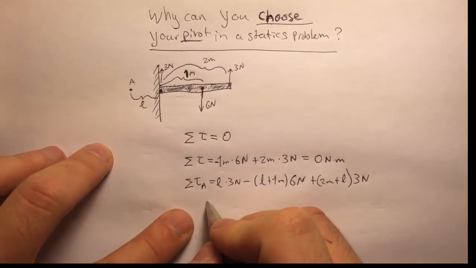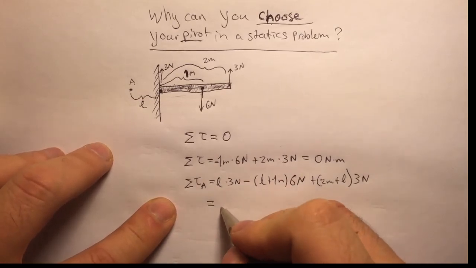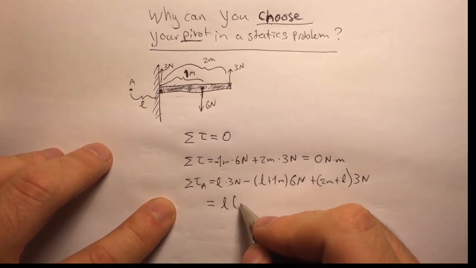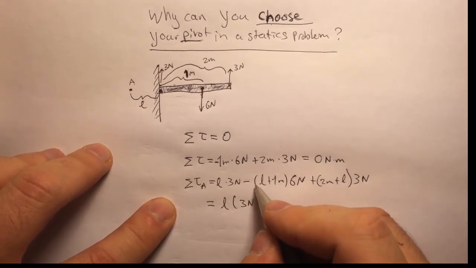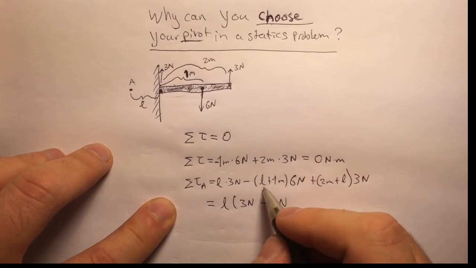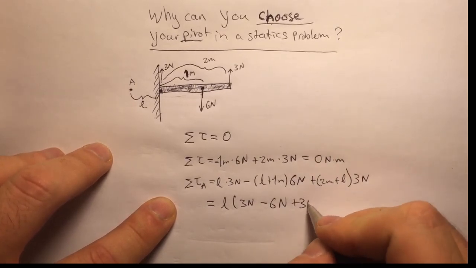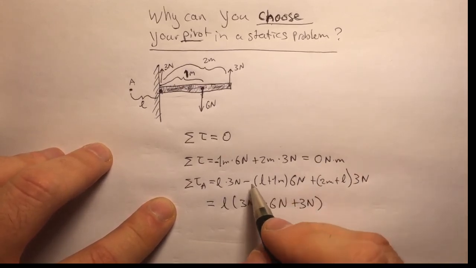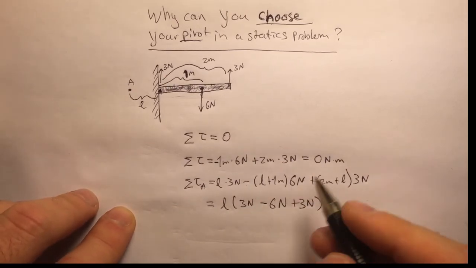And so what we can do now is write this as a term that has L times a bunch of things. Just break out each of these L terms and separate that out. So it's going to be L times 3 newtons minus 6 newtons, and then plus 3 newtons. And then we'll have just the same thing that we had up here for all the terms that don't have L's in them.